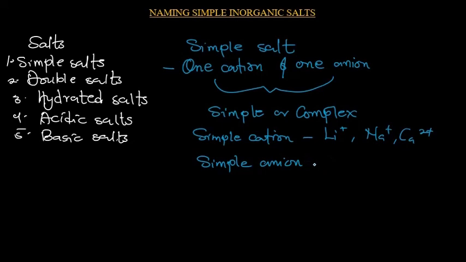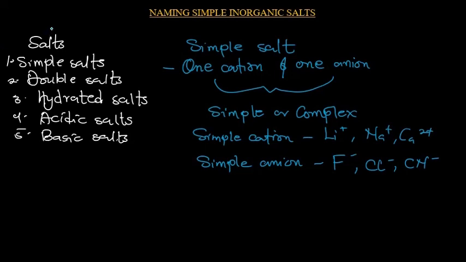A simple anion also consists of the atom and its charge. Let's say group 7 elements, we can have fluoride, chloride, or something like cyanide. It is a simple anion.